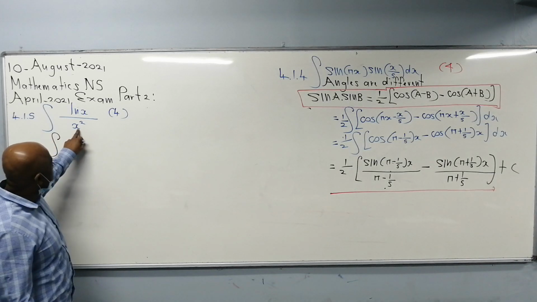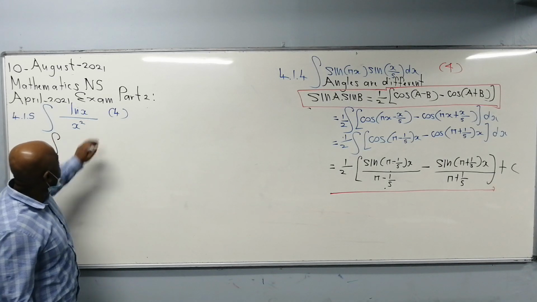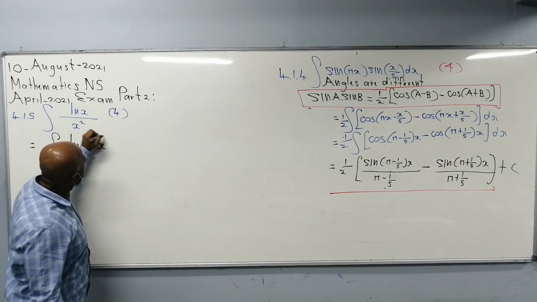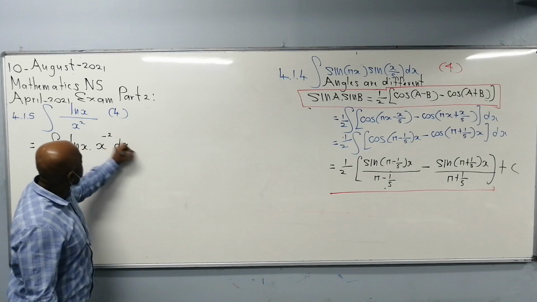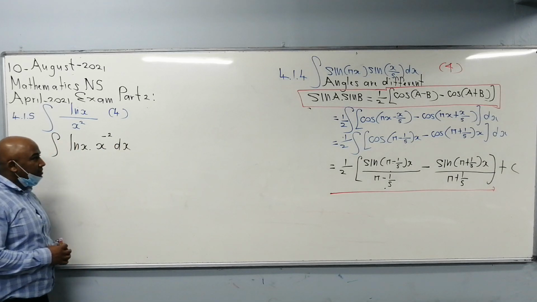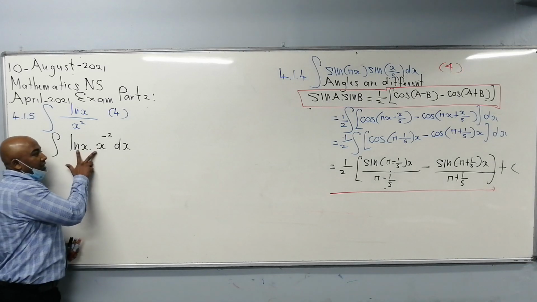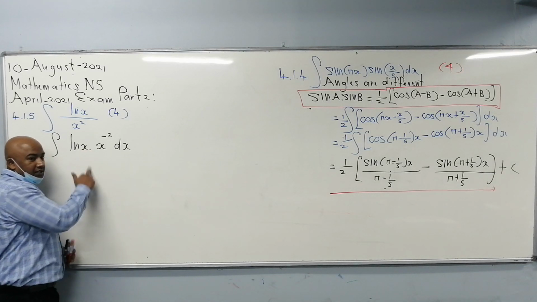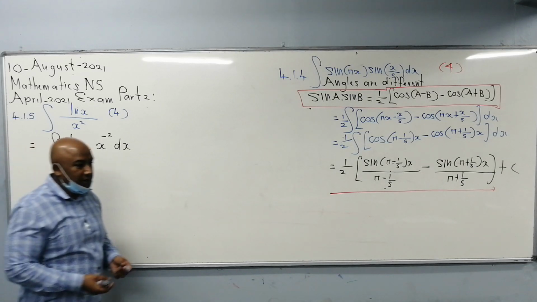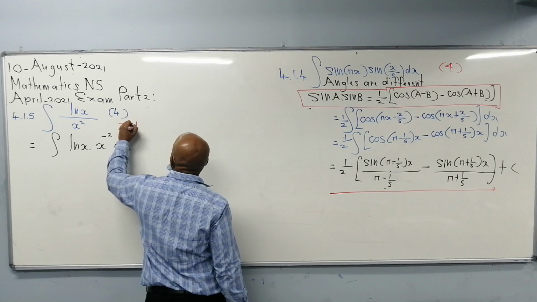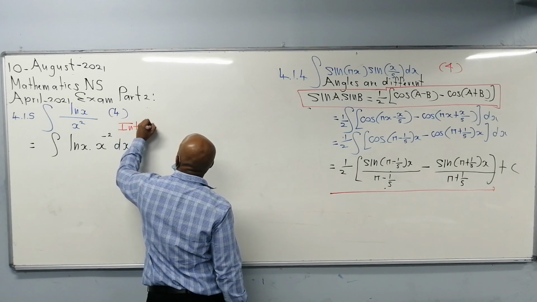What you can do is take x to the top, so it becomes ln x multiplied by x to the power minus 2. So this is multiplication, but there's no exact derivatives. So therefore, this is integration by parts.